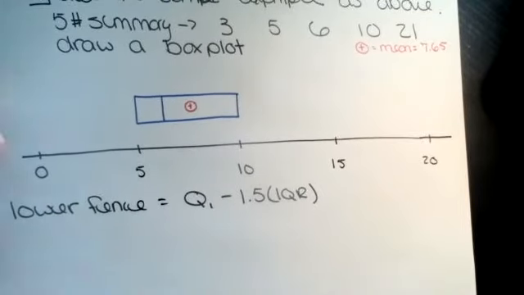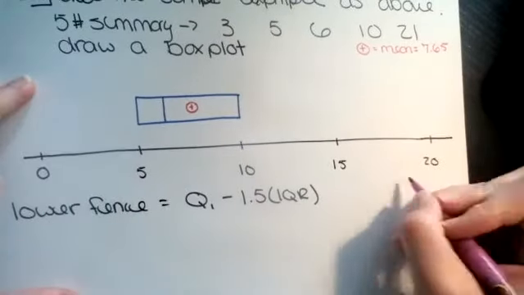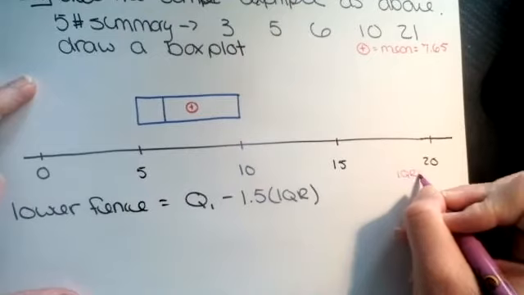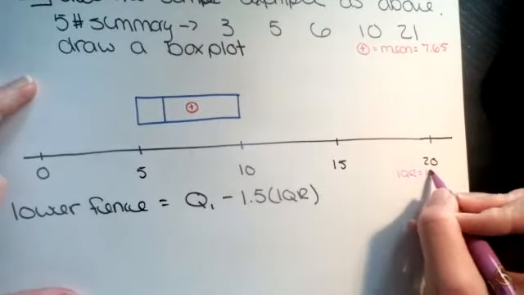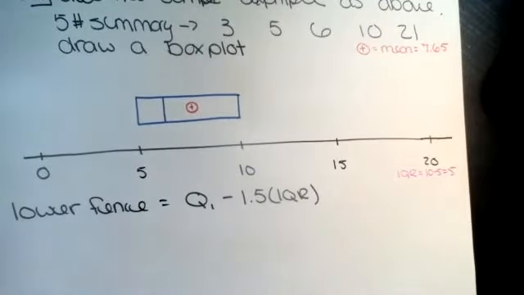So I'm just going to make a note off to the side about my IQR over here. IQR is equal to 10 minus 5, so it's 5. Okay, so I have that number right there, which I think I already wrote before, but that's okay. So I have my IQR.